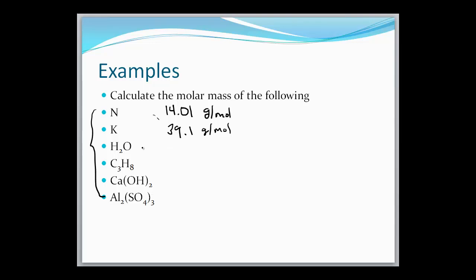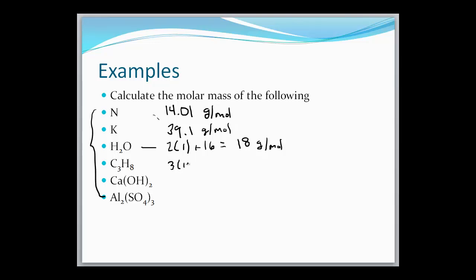If you want to take it to the hundredths place, that's fine also, but going to the tenths place is usually fine. Okay, so for water, we said we have two hydrogens. Their mass on the periodic table is 1, plus 16 for oxygen gives you 18 total grams per mole. For the C3H8, we have 3 carbons.